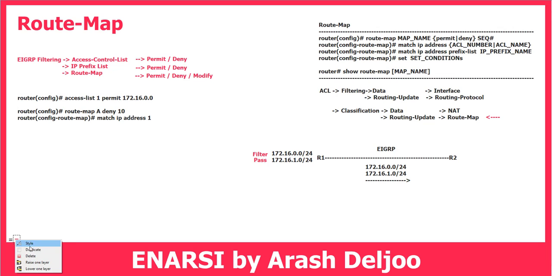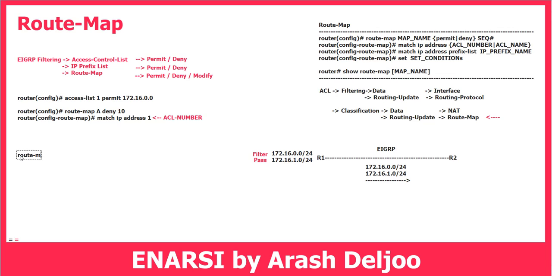Here, we are using the ACL. This is the ACL number. You know it, okay? Each network that matches this ACL actually matches this line of the route map, and this should be denied. Look at here. In the route map, you have this command.